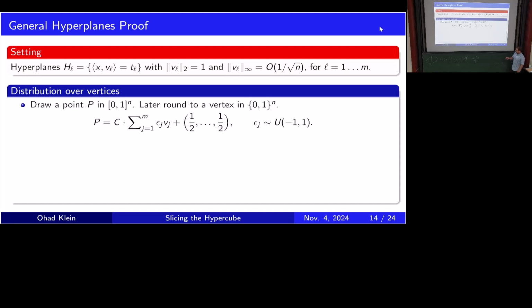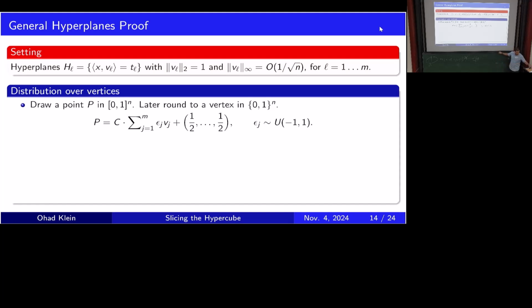And again, the way we are going to choose this point P in the solid cube is to take a random combination of the vectors v, offset it to be inside the cube, and then scale it by a factor C. So we need two things about P. We need P to be inside the solid cube, and we want P to have as large variance as possible when you project it on v.